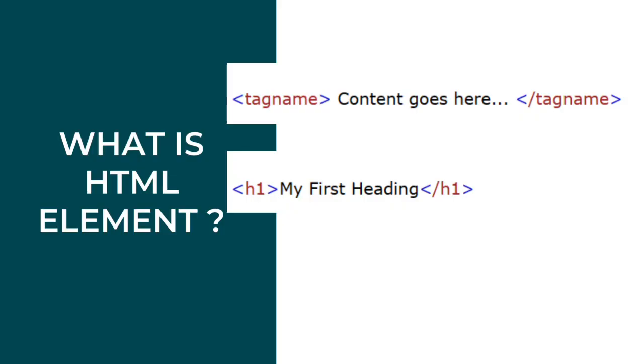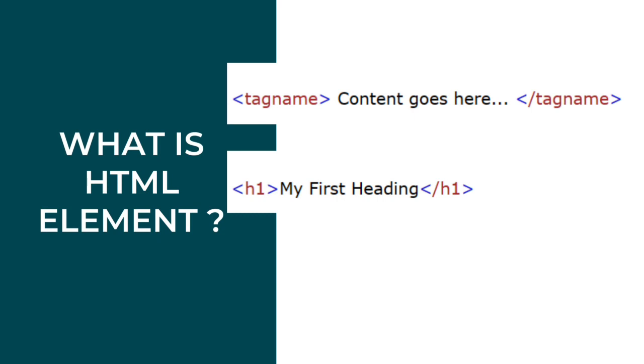Now you can see here an example where the text in angle brackets is the tag name, and then we write the content where you will write your content, and you will end this tag with a slash before its tag name. The HTML element is everything from the start tag to the end tag, so we can say that the HTML element starts from the tag name and ends with the closing tag name.